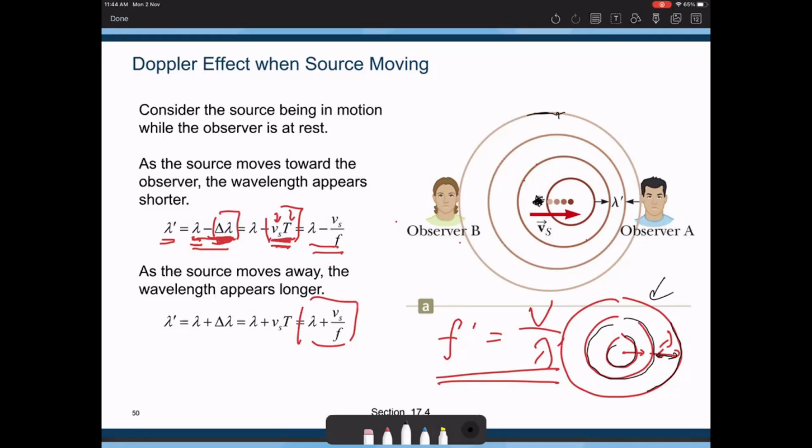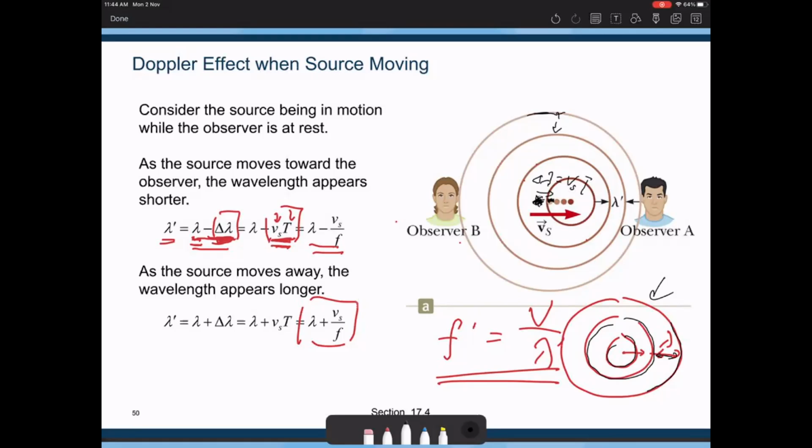But then the circle after a period of time t, the one adjacent to it, would have the center move by a distance delta lambda. This delta lambda is equal to the speed of the source multiplied by the period of the oscillation.